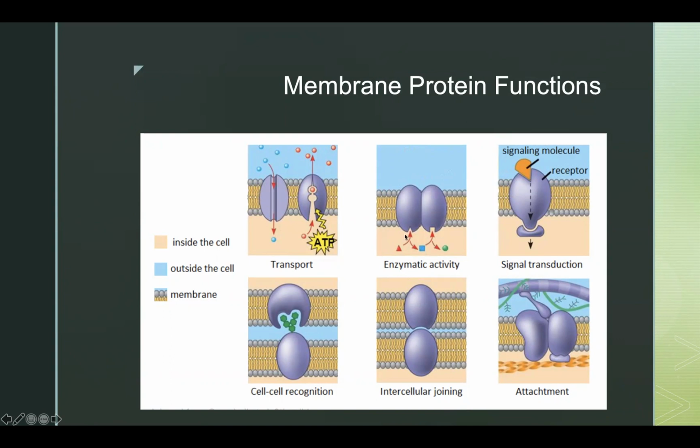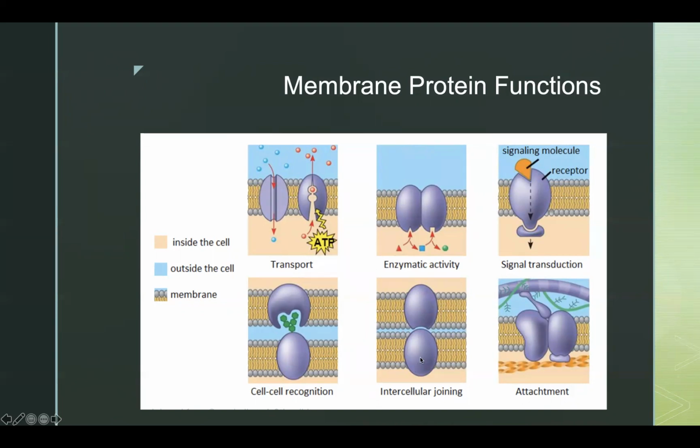Again, the enzymatic activity here: chemical reactions can take place. We know that enzymes are responsible for aiding or speeding up the rate of chemical reactions. Signal transduction: again, we've got these proteins here that function as receptors to receive signals from the environment in order for a response to take place. Cell-cell recognition: interactions and communications with adjacent cells.